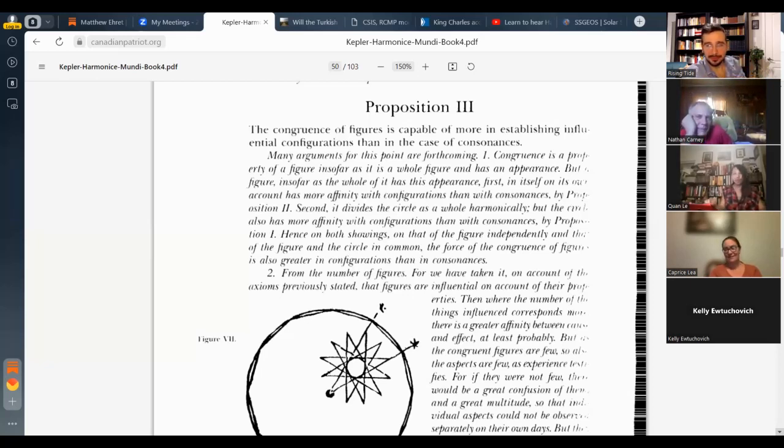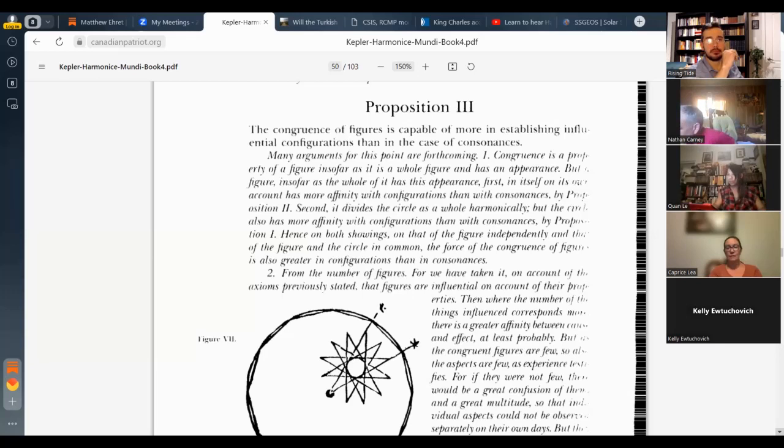Okay, do I keep on with proposition 3? Yep. Okay, proposition 3: the congruence of figures is capable of more in establishing influential configuration than in the case of consonances. Many arguments for this point are forthcoming. 1.